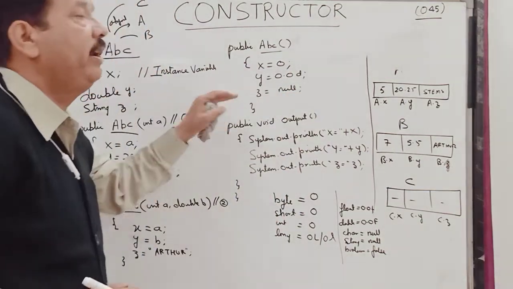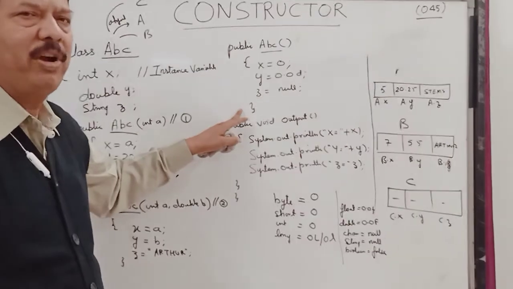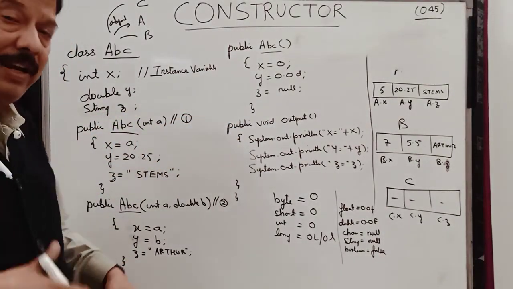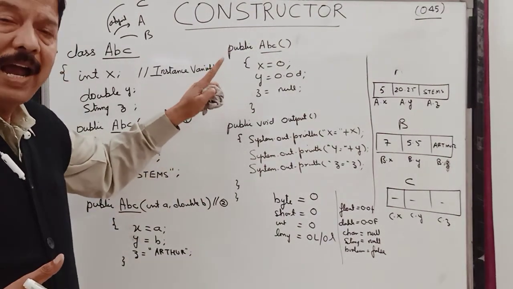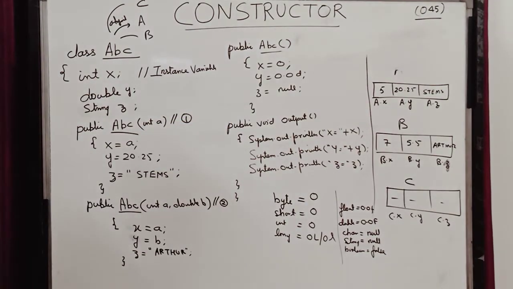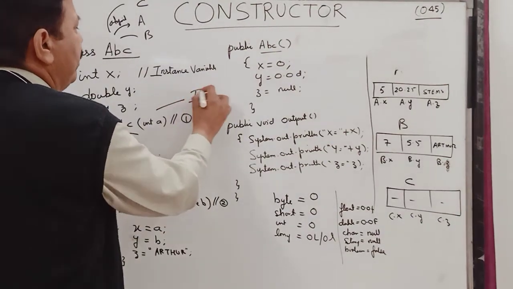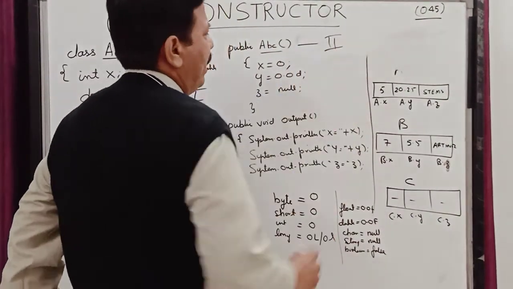So children, this is the default constructor. If I don't write any constructor, then this default constructor would have been there. But if I have written my own constructors, and I still want a default constructor, then I have to write this default constructor also. So children, now we have two types of constructors. First is the parameterized constructor. This is the parameterized constructor, and this is the non-parameterized constructor.